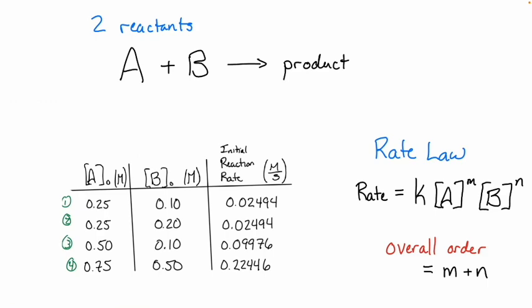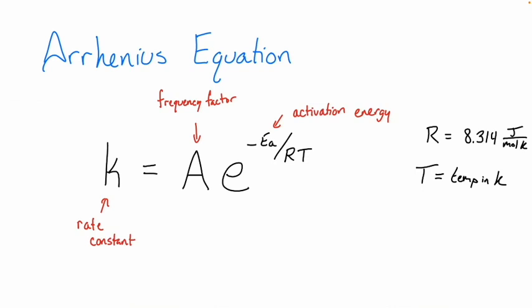So we're going to play a very similar game to what we did before in order to fill in the variables in this equation here. We're going to have a data set that we're going to analyze, and by analyzing that data set, we're going to be able to figure out what that activation energy is, what the height of that energy barrier is.